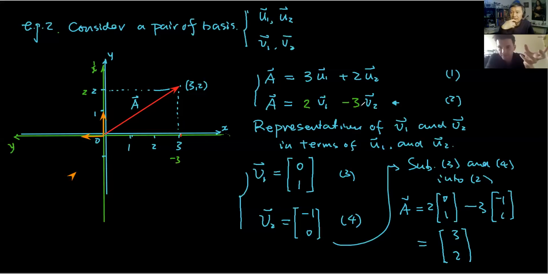So you can build the transformation based on these two matrices to actually transform the representation from one to another, if we know the representation of the new basis.